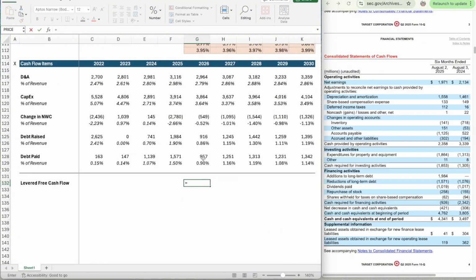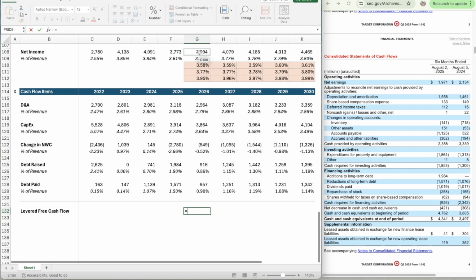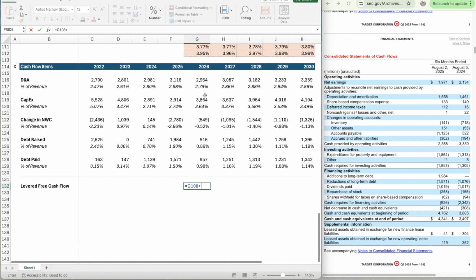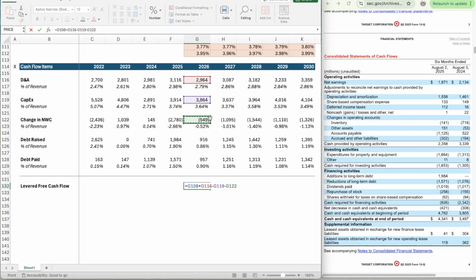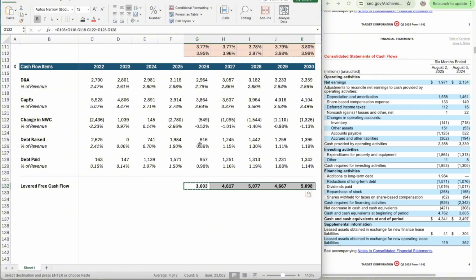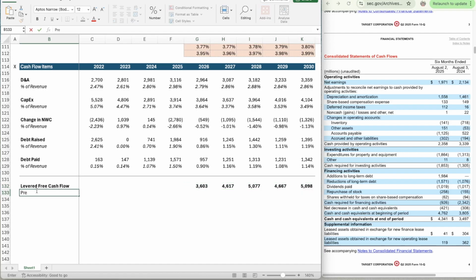So this is going to equal, we take the net income here, we add back in depreciation and amortization, subtract CapEx, subtract the change in net working capital, add the debt raised, and subtract the debt paid. And we go to there. You just pull it across. Now we have to work out the present value of LFCF, levered free cash flow.